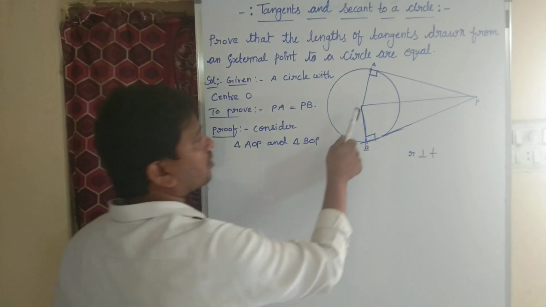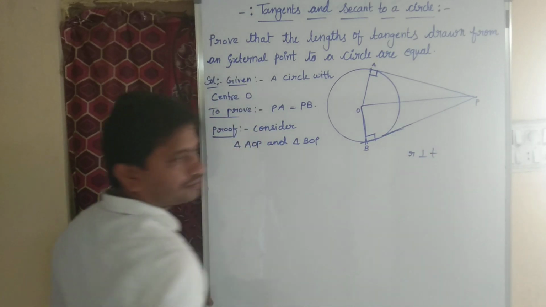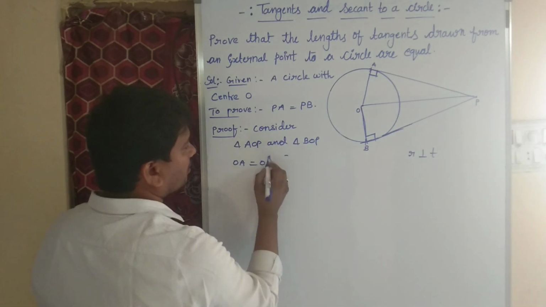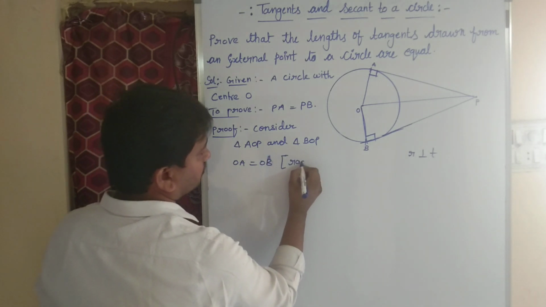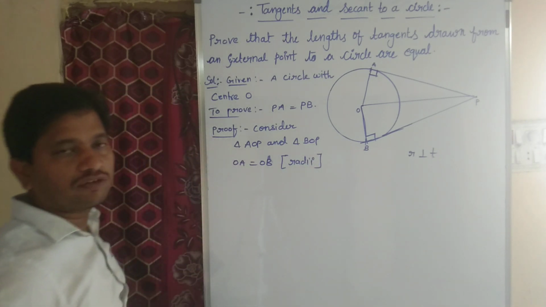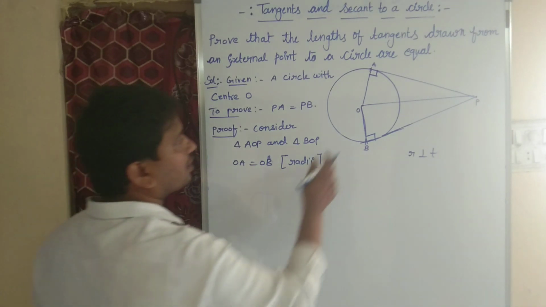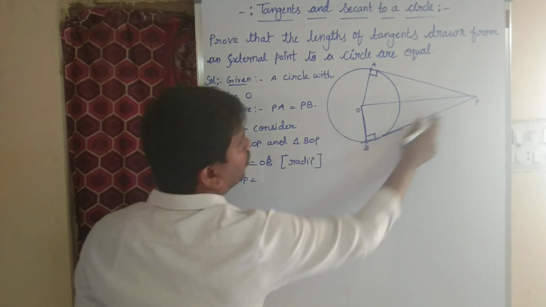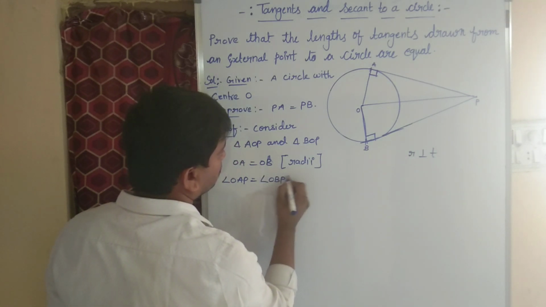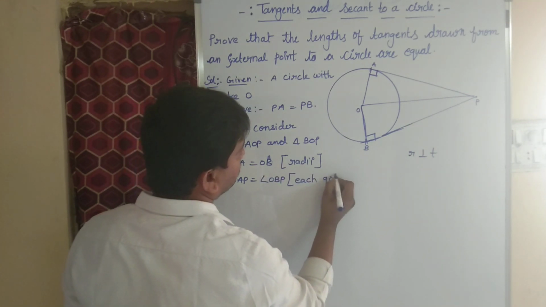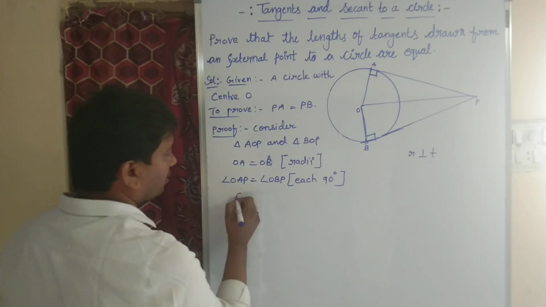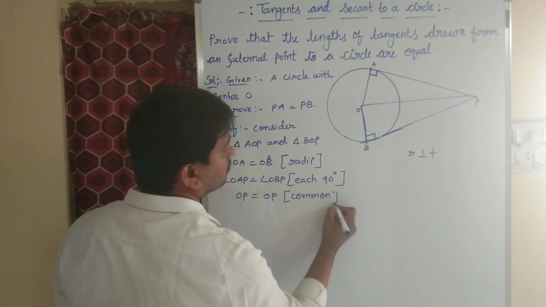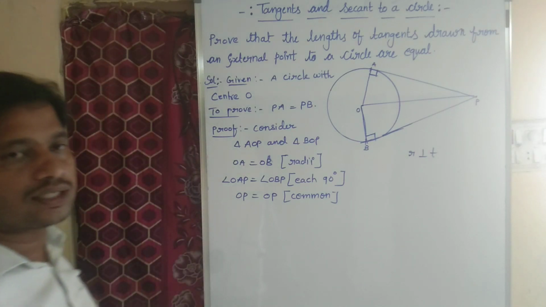If we consider two triangles OAP and OBP, in which OA equal to OB, they are radii of the circle. The second one, angle OAP equal to angle OBP, each 90 degrees, and side OP equal to OP, which is common side, as OP is common to both the triangles, right?